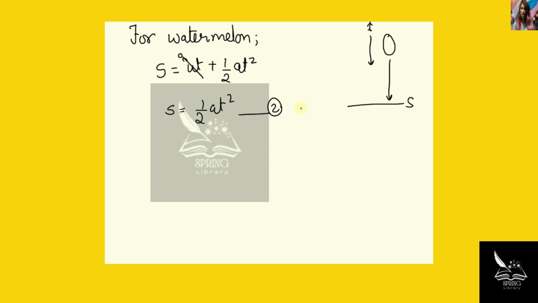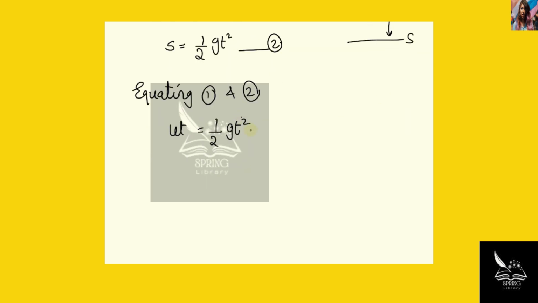So equating 1 and 2, we get ut is equal to 1 by 2 g t square. One of the t's gets cancelled, and from here I can find out at what time they will reach together.